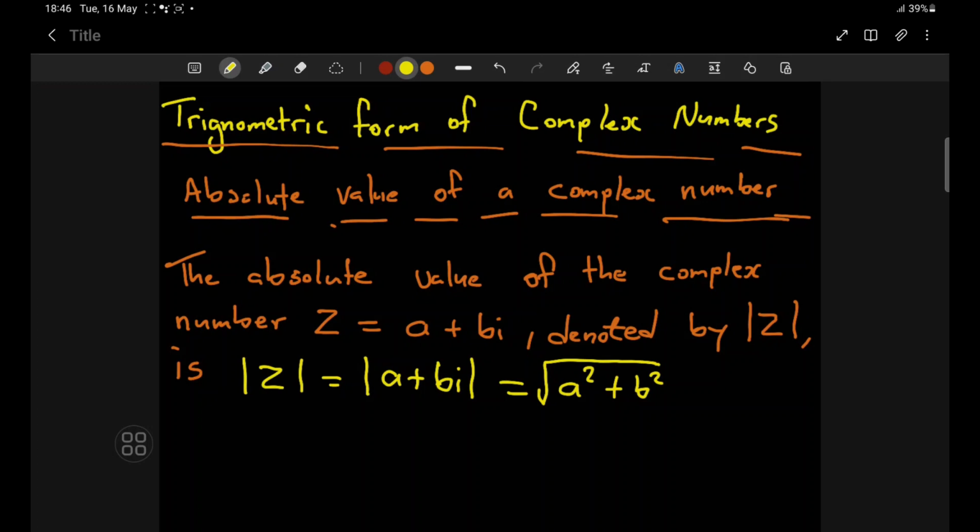So for this class, we'll be looking at the trigonometric form of complex numbers. To look at that, we'll start with the absolute value of a complex number.